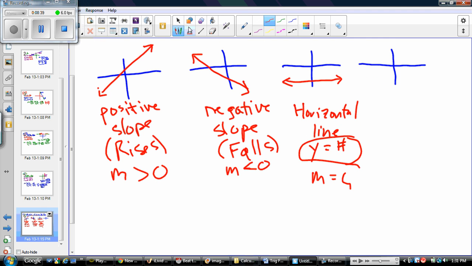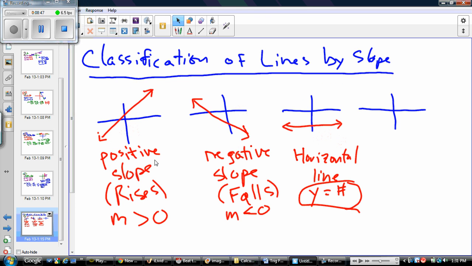Let's see if I can delete that. Sorry about that. Almost done here. And that we said was, change the pen back. Slope was equal to 0, so horizontal lines always have a slope equal to 0.